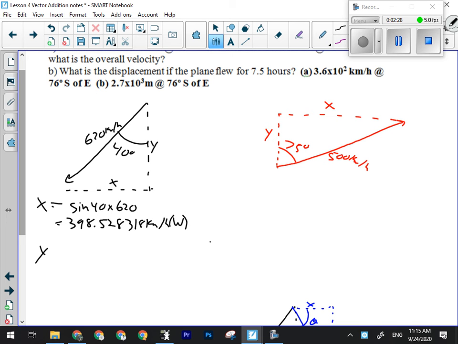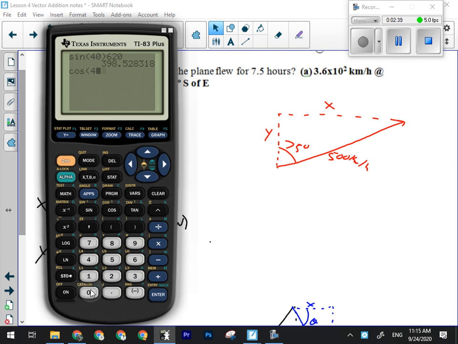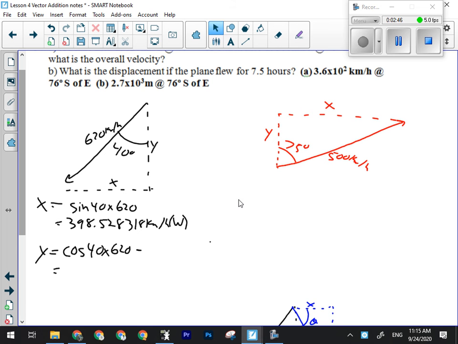Then I'm going to calculate black y, which will be the cos of 40 degrees times 620. That's 474.947 kilometers per hour, and that is south.